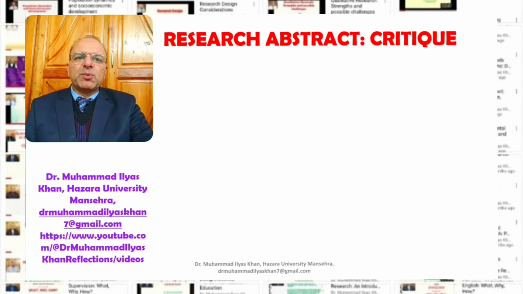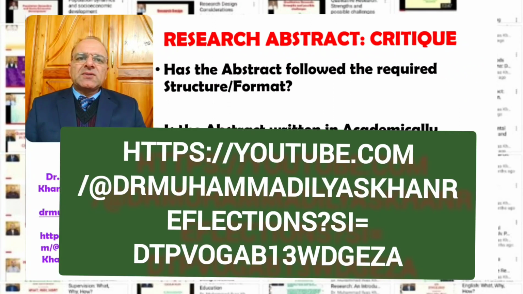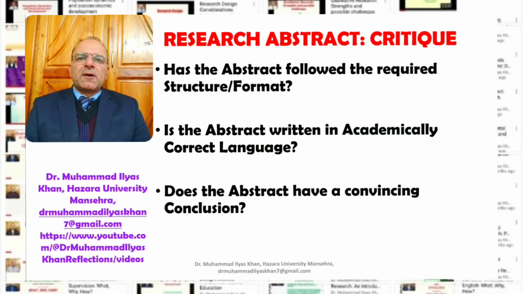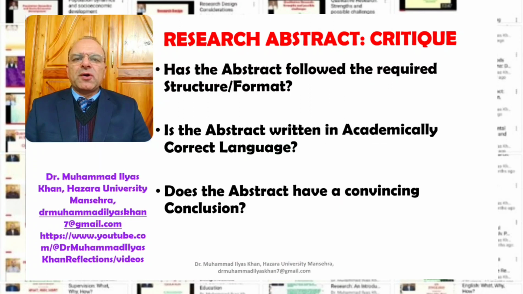The next important question on the mind of the research critic is, has the abstract followed the required structure and format? There are certain structures and formats that the research abstract should follow, and generally those are in response to the journal requirements or the publication requirements.